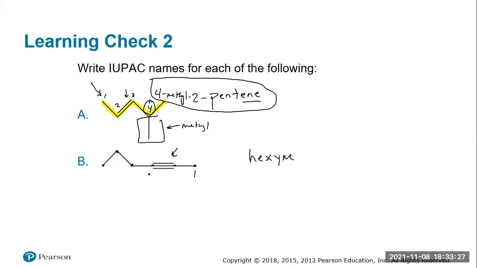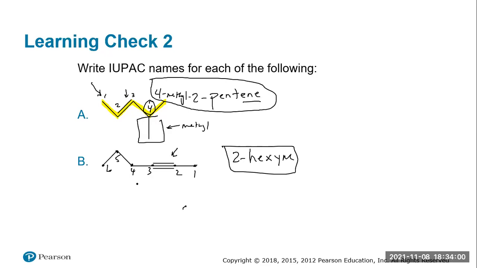So that's 1, 2, 3, 4, 5, 6. So that's carbon number 2, which would be 2-hexyne. Any questions on either of those two? And again, condensed formula, this is CH3, C, CH2, CH2, CH3 would be it.